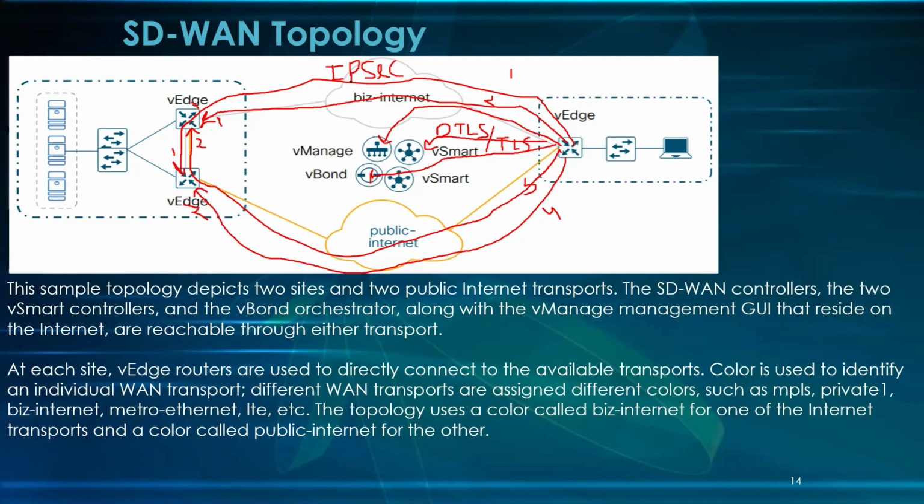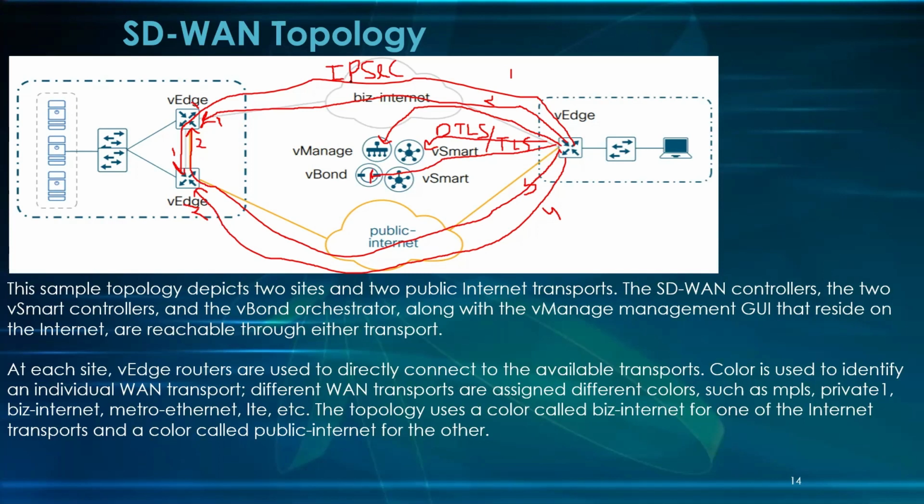All these tunnels between the vEdge and the vEdge are IPsec tunnels. So just think that even though your data is going over the internet, it is being protected by the IPsec layer. Clear? And IPsec is one of the most secure protocols over the internet, right?